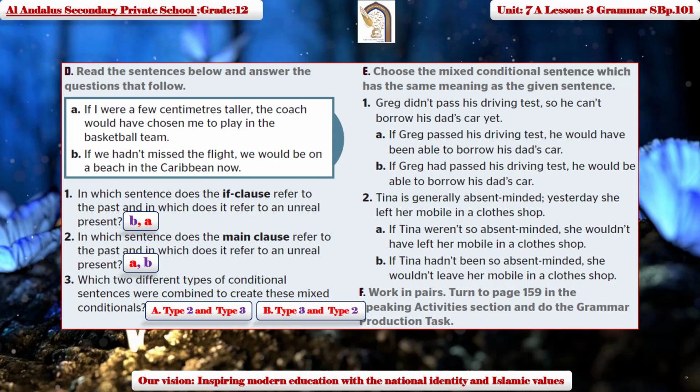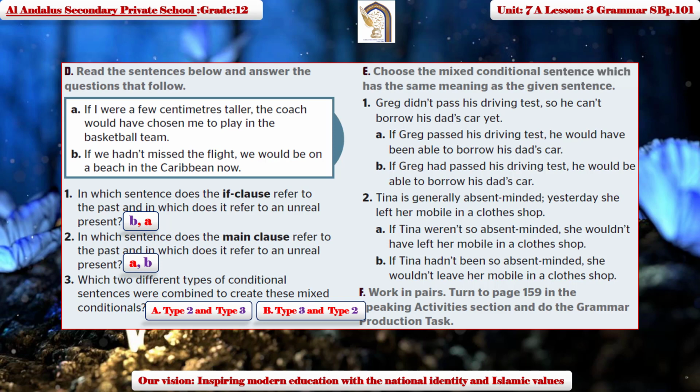And in sentence B, we used type 3 in the condition and type 2 in the result clause or the main clause. That's very nice, gentlemen. Now, let's deal with our final exercise for today, which is exercise E.